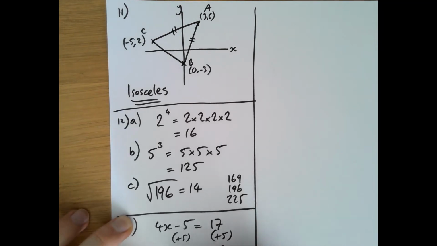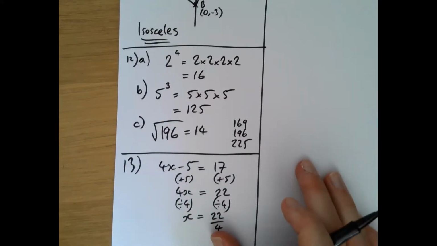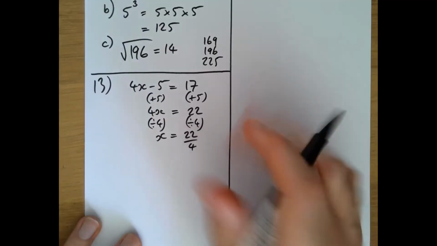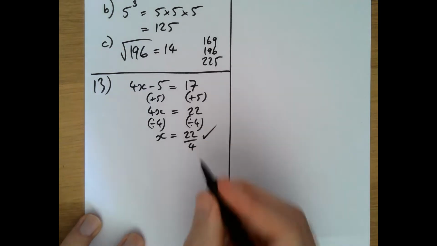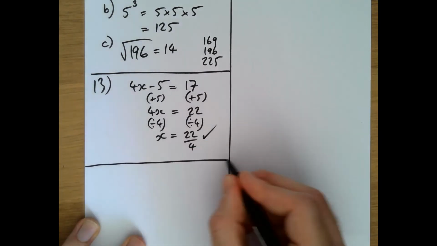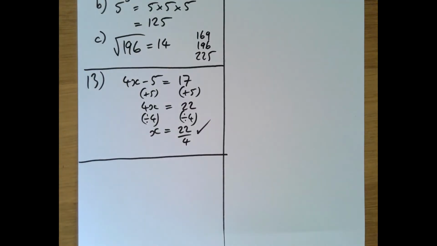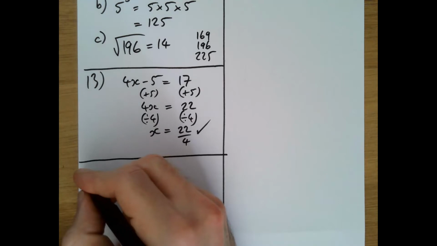I can then divide both sides by 4, and I get 1x is 22 divided by 4. It doesn't ask me to simplify it or leave it as a decimal, so I'm just going to leave it as 22 over 4. We're on to number 14.